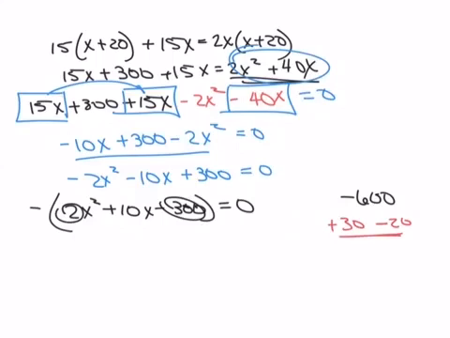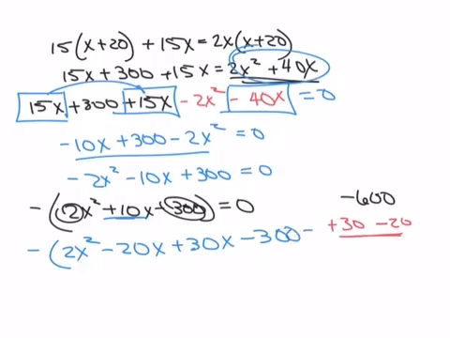Multiplied together is a negative 600. So that works for me. Let's go ahead and write that. Negative 2x squared. So instead of the 10x, I'm going to write minus 20x plus 30x plus minus 300. You make those little mistakes and it just messes life up for you.